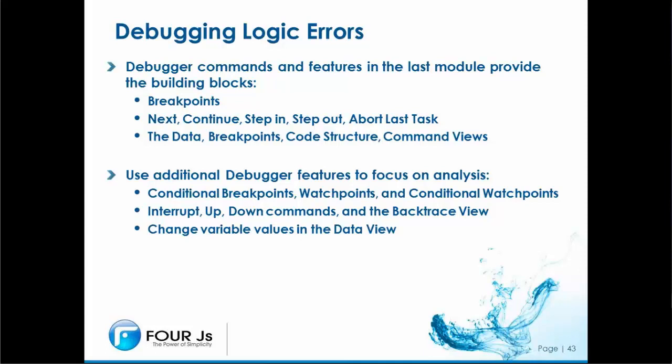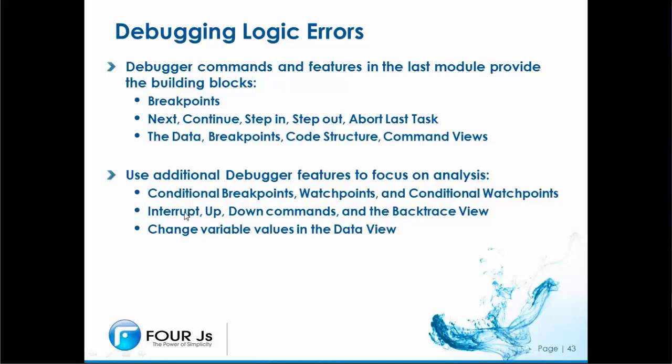You'll need the views to go in and monitor variables, change the values of variables, a lot of the things we're learning today. So now we'll focus on additional debugger features like breakpoints, which we talked about yesterday, but we'll focus on conditional breakpoints, watchpoints and conditional watchpoints. Some new commands.